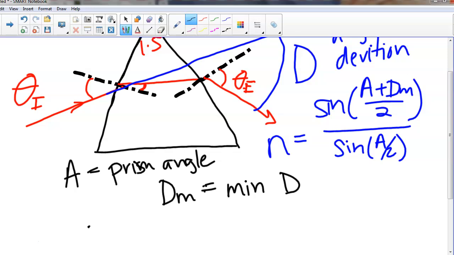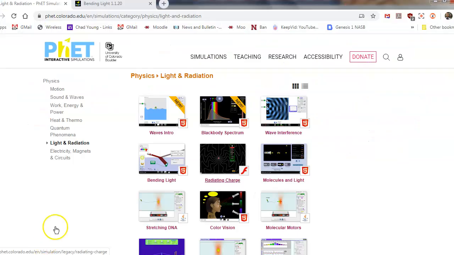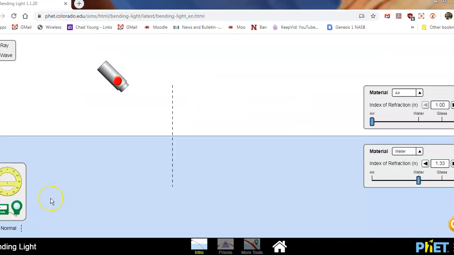Okay, so let's quickly switch over to what the simulation looks like. This will be pretty straightforward, I think. You'll pick this Bending Light off of the PhET light and radiation page. You'll come here. It'll look like this, if my computer can keep up with me today. When you pull up the simulation, you'll first have a choice of intro, prisms, or more tools.